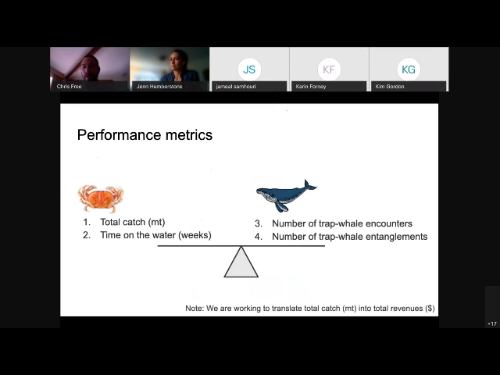And then on the whale side, we are quantifying the number of trap whale encounters and also the number of trap whale entanglements. We look at both of those metrics because the trap whale encounters is something we know for sure in the model, and the entanglements part has this random probability. It might be high in bad years or low in really lucky years.